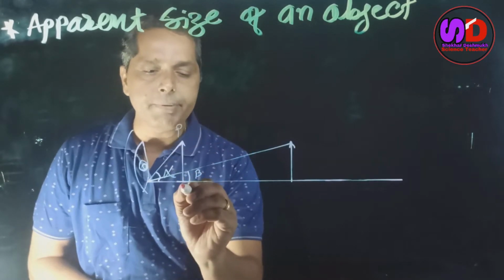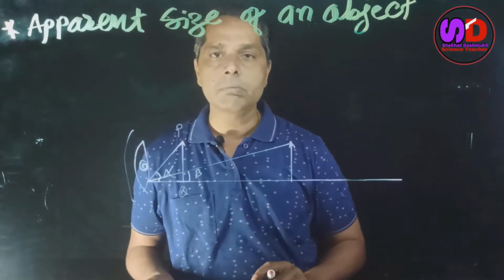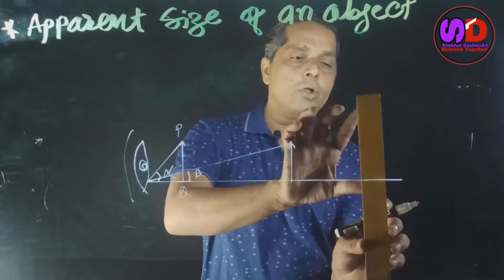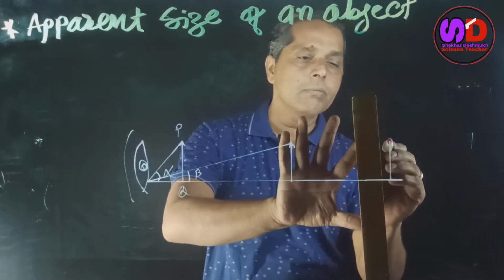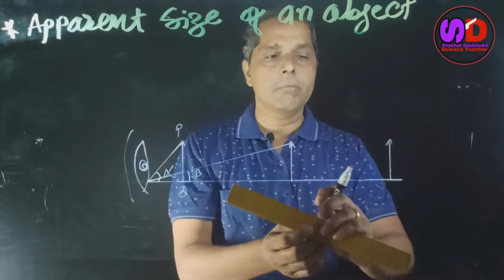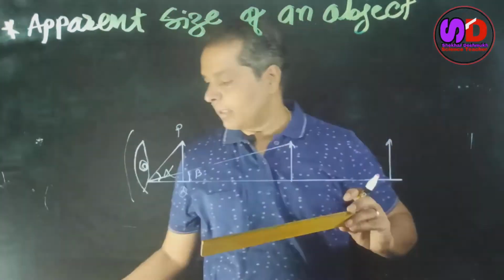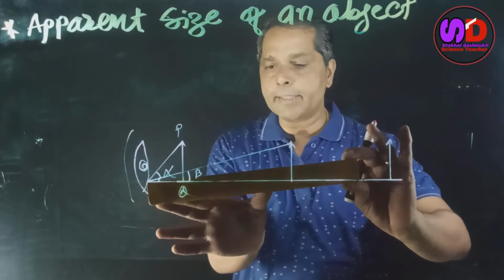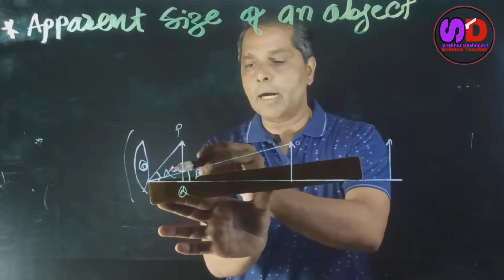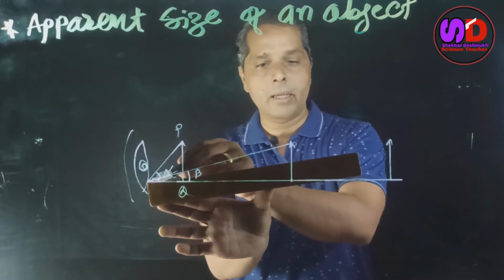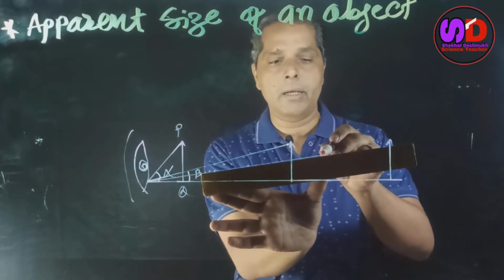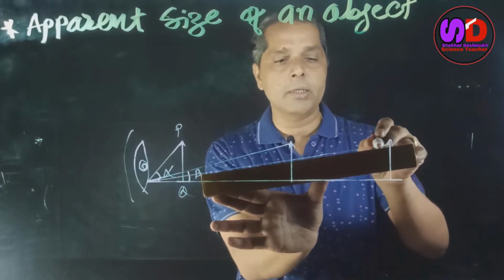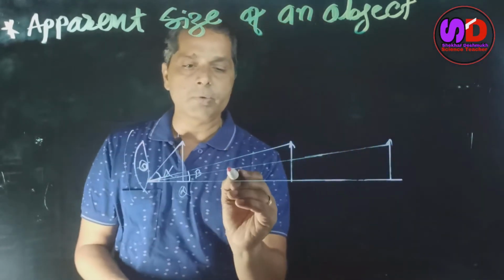This is object PQ. Suppose the object goes still further away from you. The angle made by this object with your eye is still becoming smaller. Suppose it is gamma.